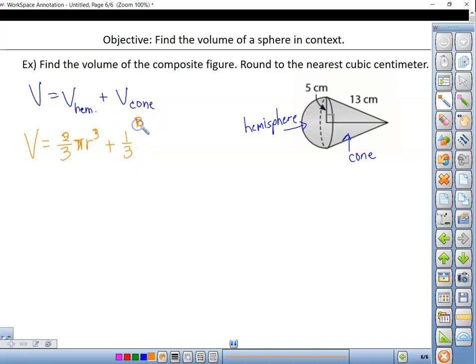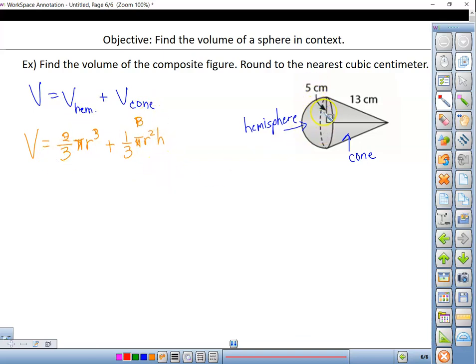And our base area, our capital B, is area of a circle, because cones always have a base of a circle, so that's pi r squared, times the height of the cone. All right, so what we need is the radius of the hemisphere, we need the radius of the cone, and we need the height of the cone to calculate our total volume.